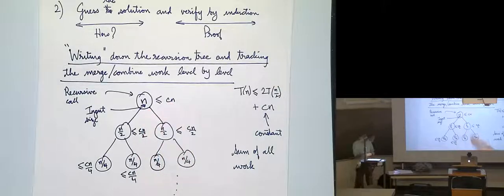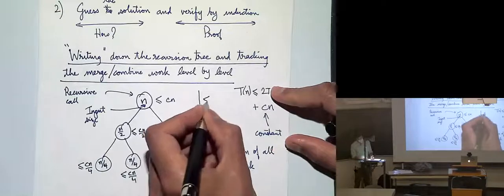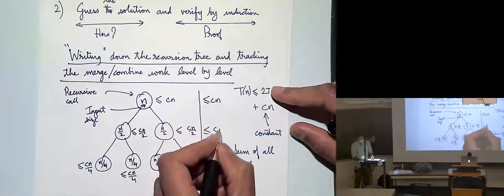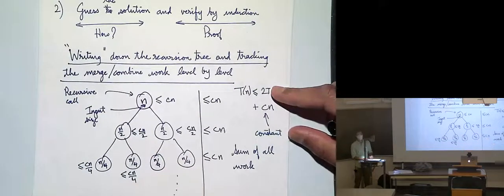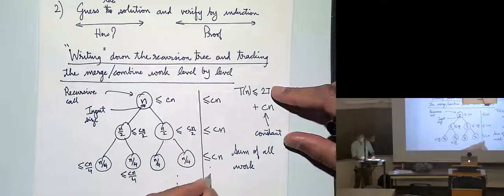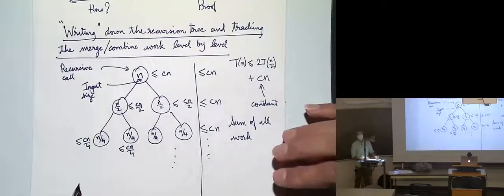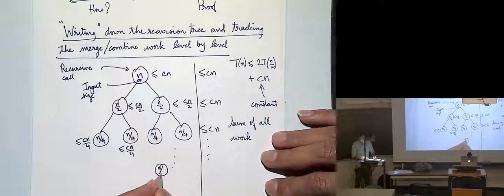So the sum at this level is at most Cn. If I add these two, I get at most Cn. If I add 4 of these, I get at most Cn. And how many levels do I have? I have log n levels, because in the ith level it's n divided by 2 to the i.